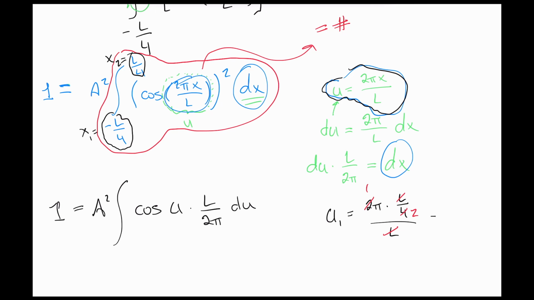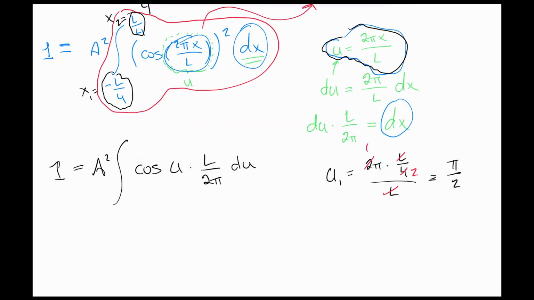So what we get is pi over 2. I guess we could do the same thing for u2, which is 2 pi times negative L over 4 over L, which equals negative pi over 2.